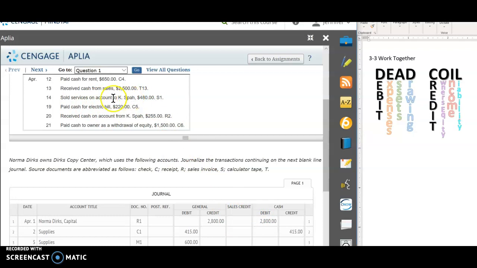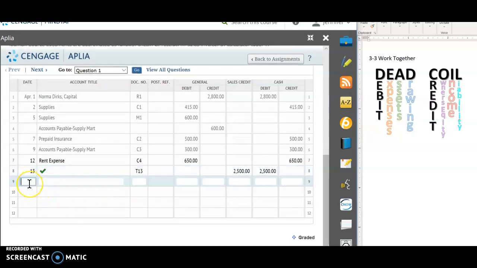So that means our accounts payable has to be the debit. And sold services on account, it shouldn't be accounts payable, I'm sorry. They owe us money, so that should be accounts receivable, and that's an asset. The amount that they owe us is going up, so assets, the normal balance side, is debit. So accounts receivable to K-Spa is going to be a debit. So sales credit of $480.